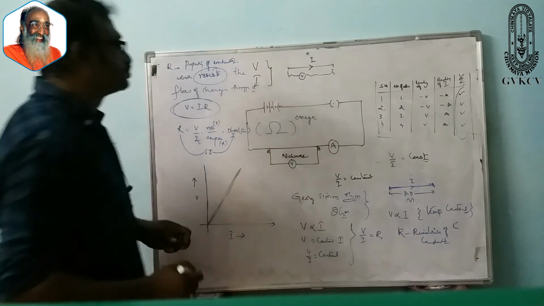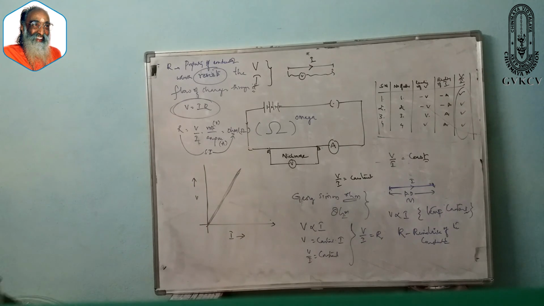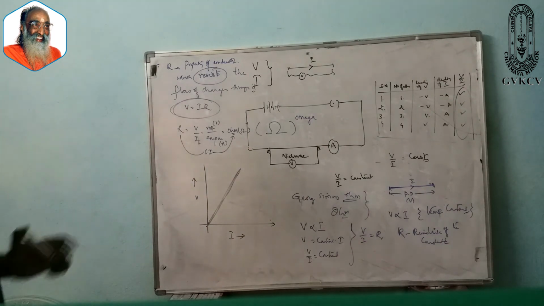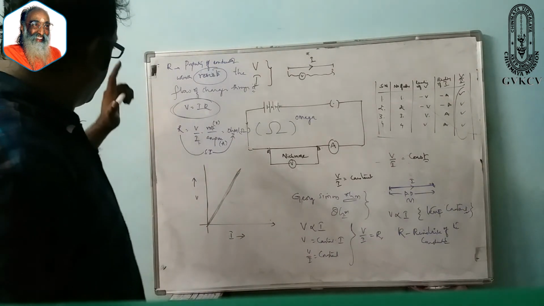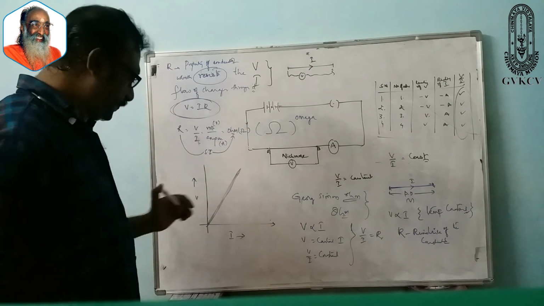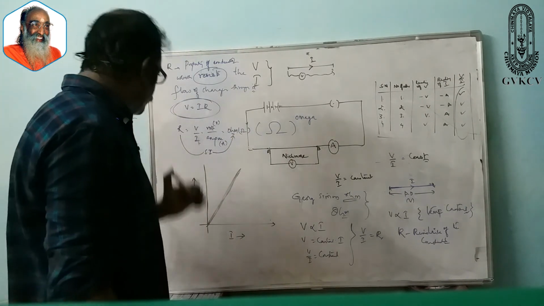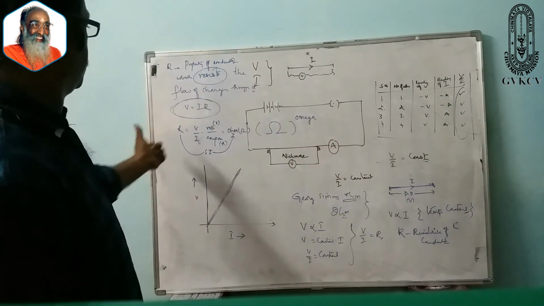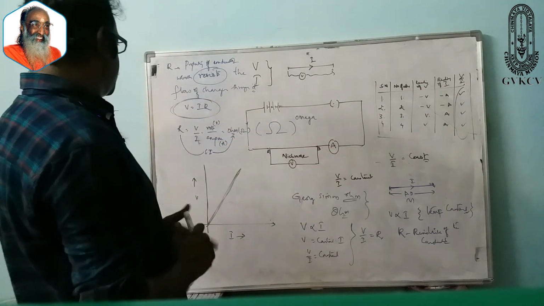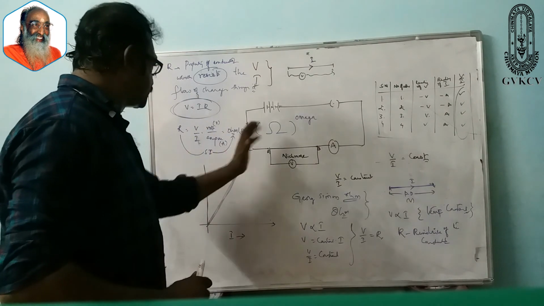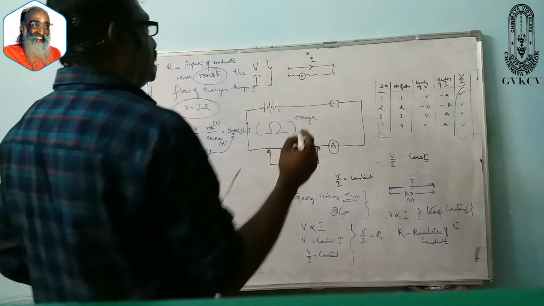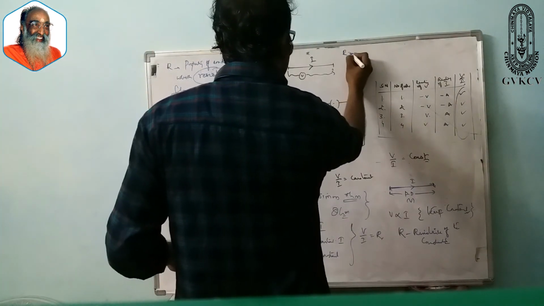So like this we got the expression from Ohm's law, and we gave the unit for the resistance. The unit of resistance is ohm, the symbol is omega, and R is equal to V by I, so I is equal to V by R.